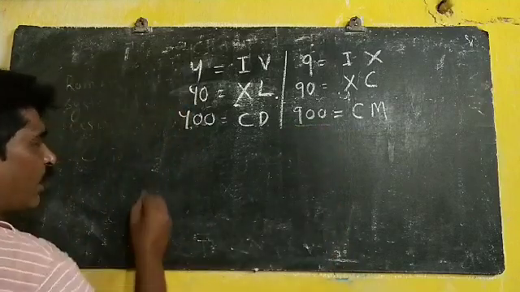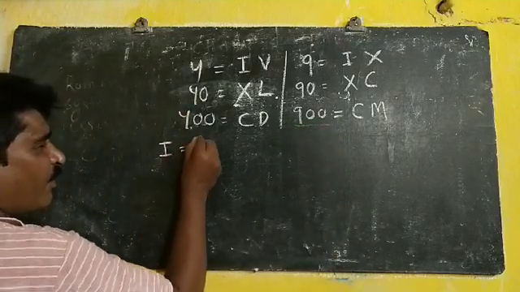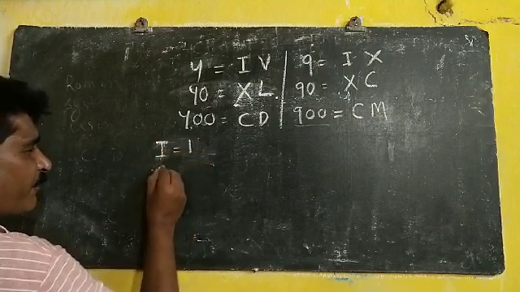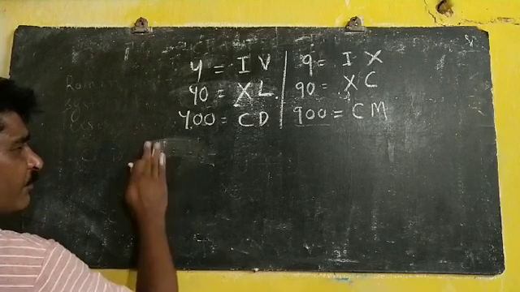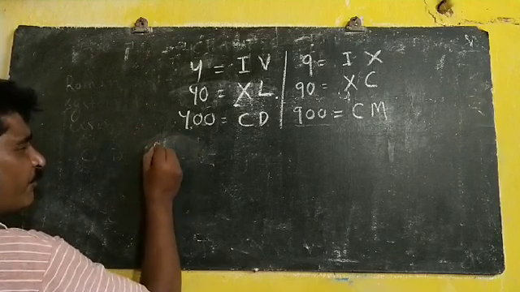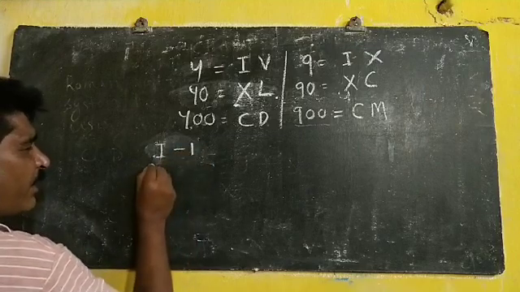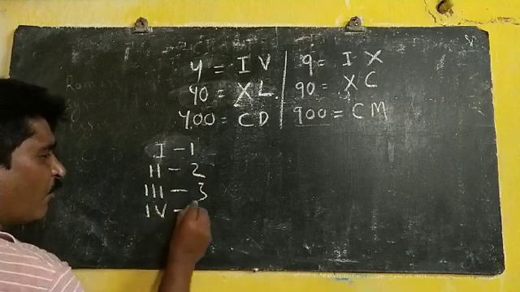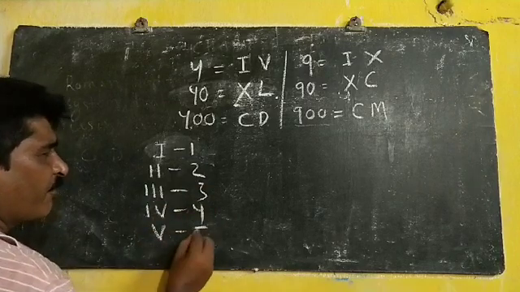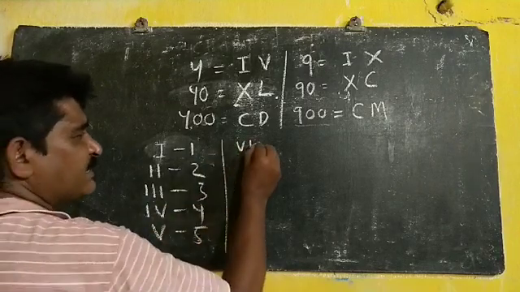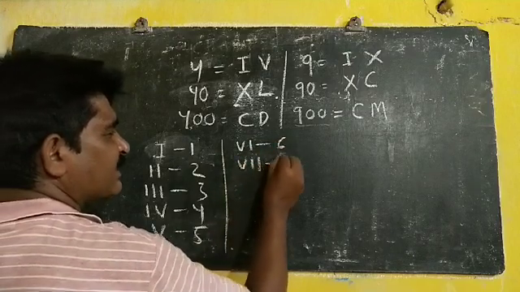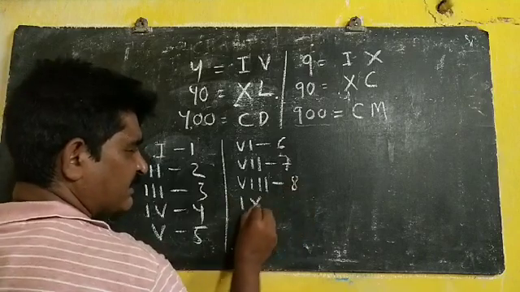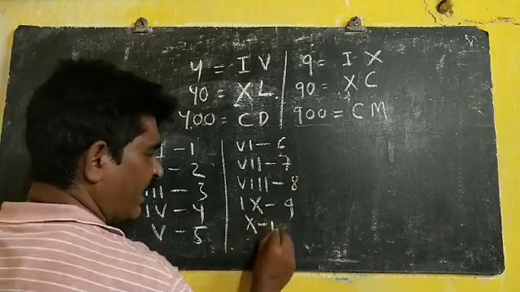Okay. So now I am writing for you: I 1, II 2, III 3, IV 4, V 5, VI 6, VII 7, VIII 8, then IX for 9, X for 10.